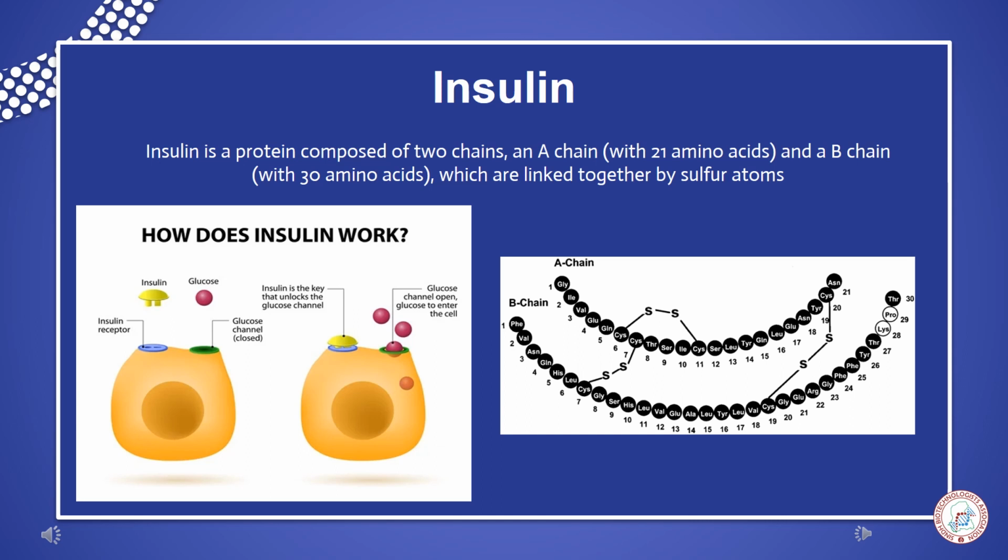So the glucose will be taken up under the influence, or via the signal, of this hormone. The glucose is taken up by the cell via a glucose transporter present on the cell surface.